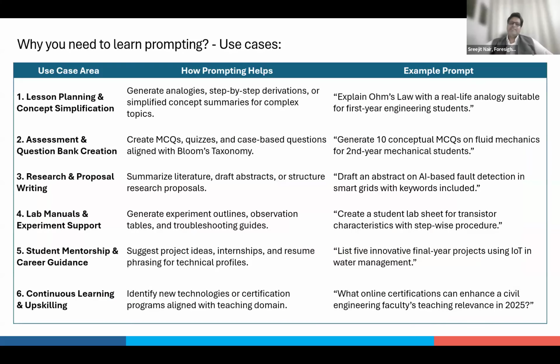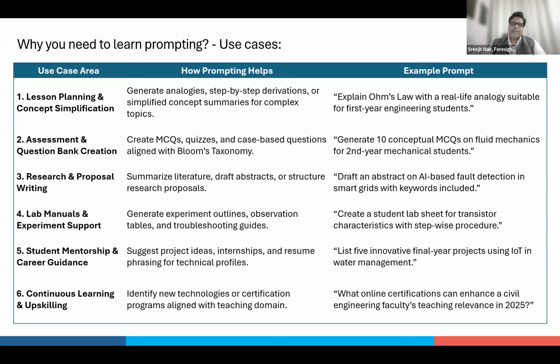Before I start, based on previous interactions, there are some use cases that everybody has been looking for. So I thought I should start with these particular use cases, particularly for you, and how AI can help.